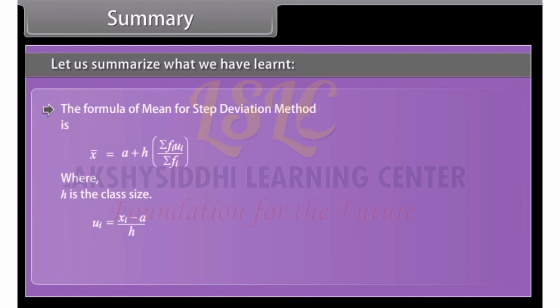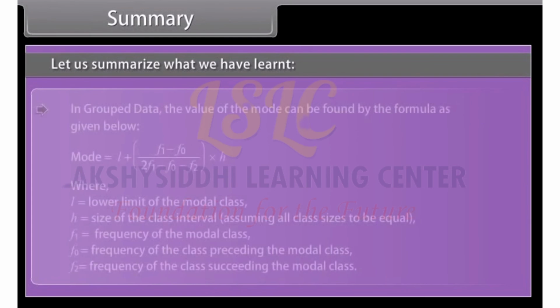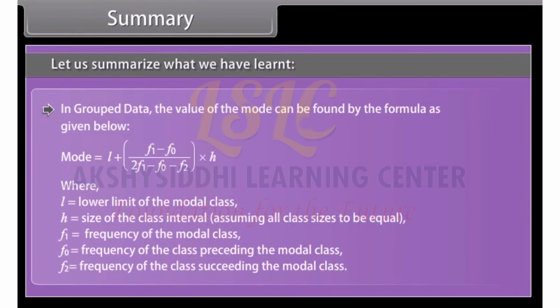The formula of mean for the step deviation method is assumed mean plus h multiplied by summation of the product of fi and ui divided by summation of fi, where h is the class size and ui equals (xi minus a) divided by h. In grouped data, the value of the mode can be found by the formula as given.